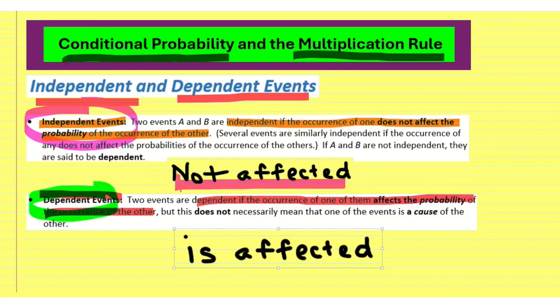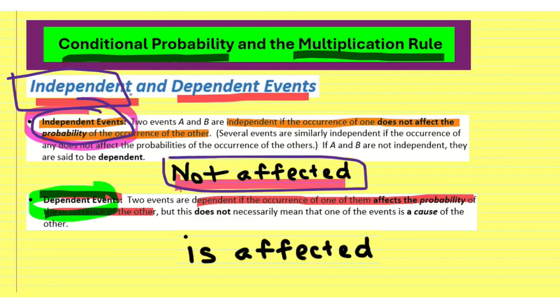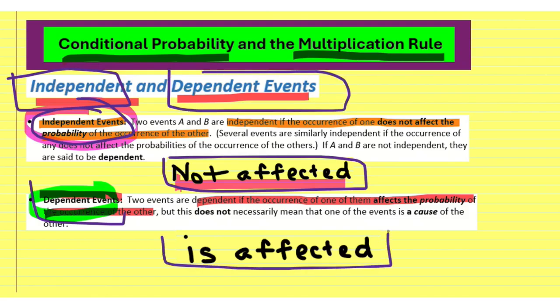So we need to keep those together: independent means that it is not affected by the first event, and dependent is affected by the probability of the first event.